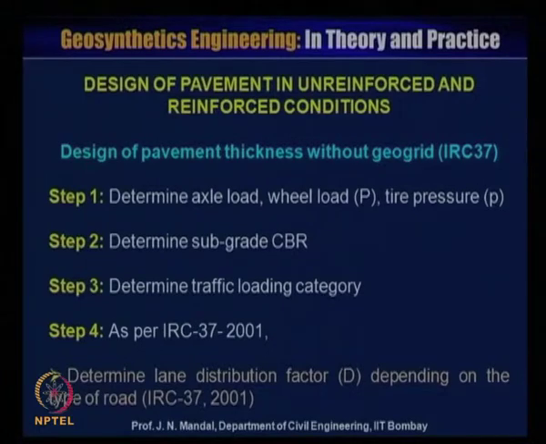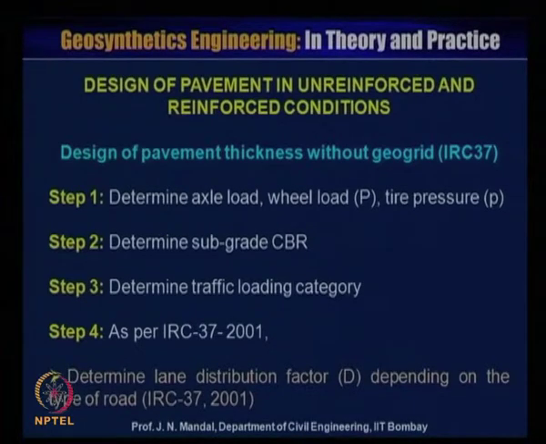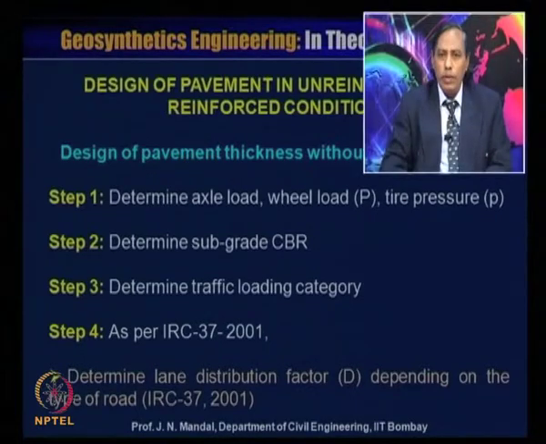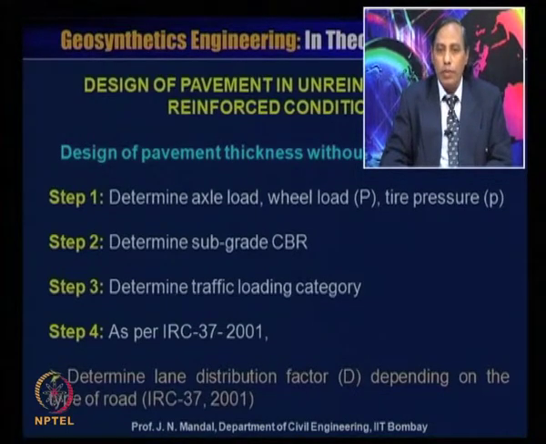Next, I will explain the design of pavement in unreinforced and reinforced conditions. Design of pavement thickness without geogrid as per IRC 37. Step 1, determine the axle load, wheel load P and tyre pressure P. Step 2, determine the subgrade CBR value.